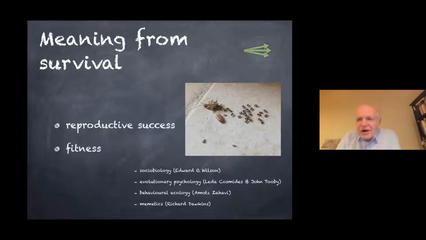During the period of hardening of the modern synthesis, as Stephen Jay Gould has called it, some branches of the neo-Darwinian theory were introduced, like sociobiology, evolutionary psychology, behavioral ecology, and memetics. All these use reproductive success as the basis for meaning.